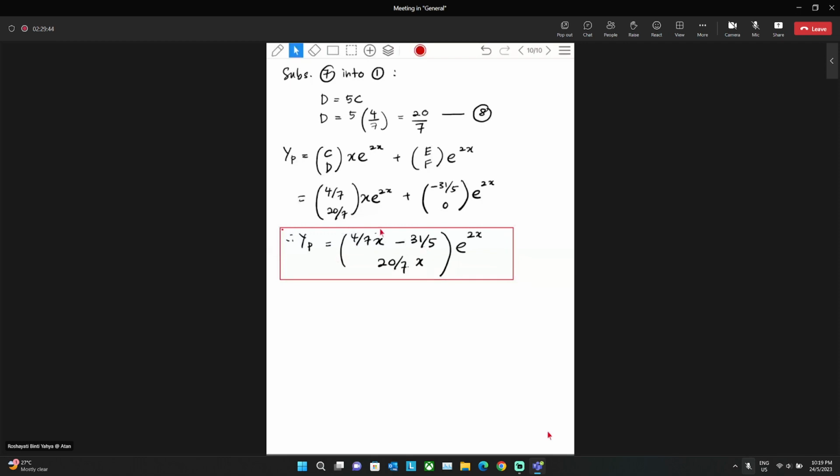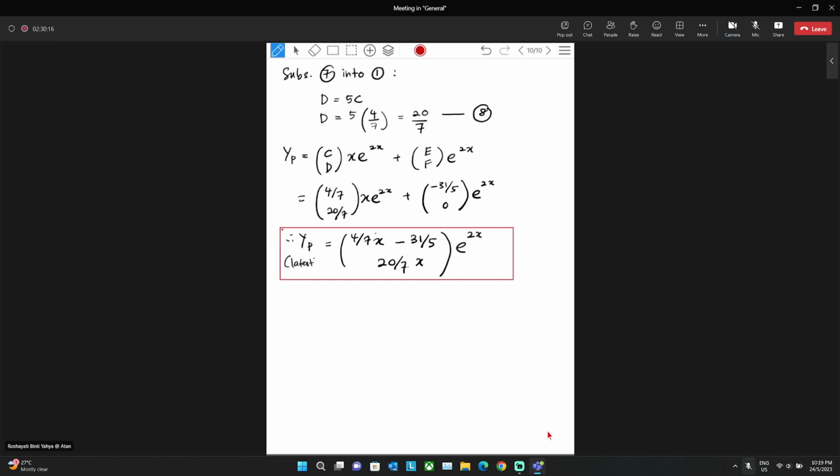We have a particular value, but it's still not a particular solution. So please make sure you always refer to the latest value. Previously we had this YP, but now the latest one is this YP.